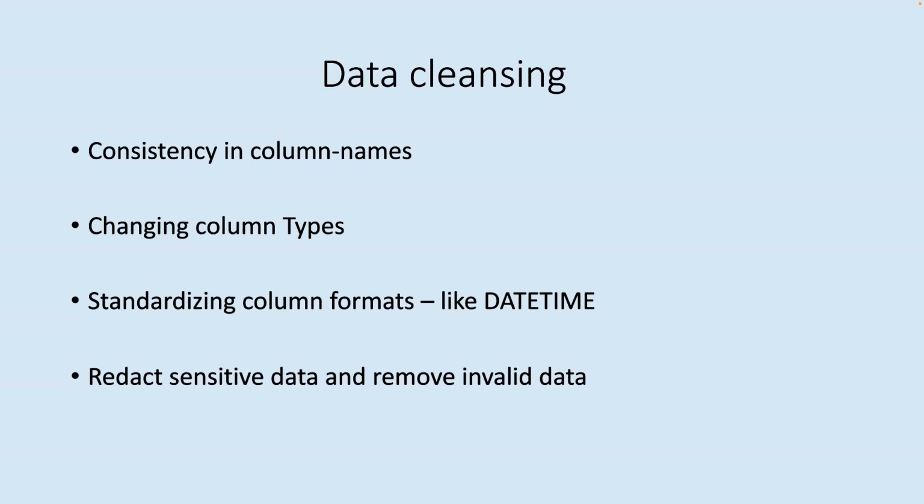So in the transformation, you can change it to a specific standard format. And you would also eliminate any sensitive data, or even remove invalid data that's not really needed or has no use in the data warehouse, right? For analytics queries.